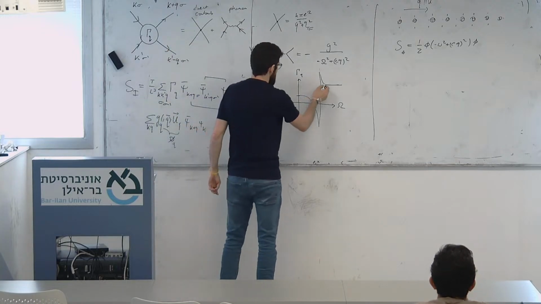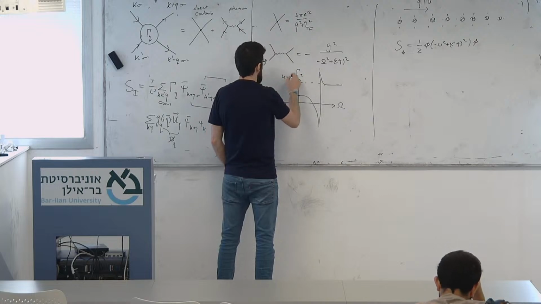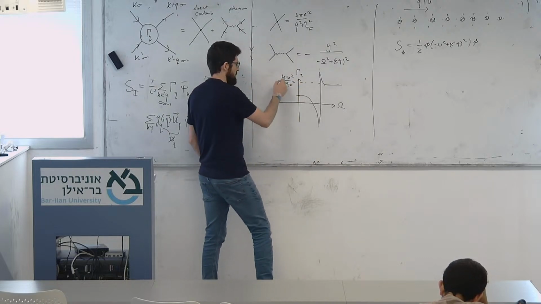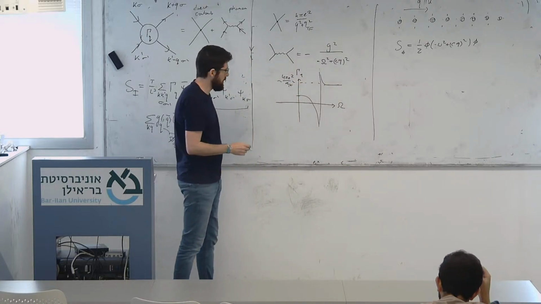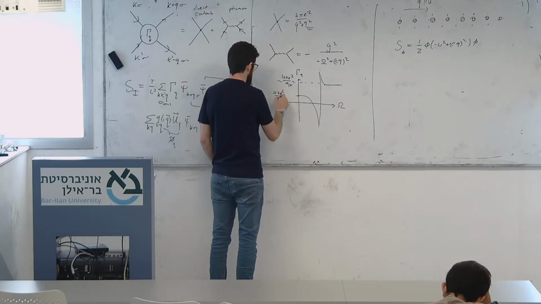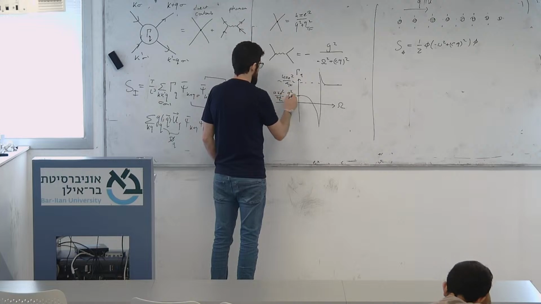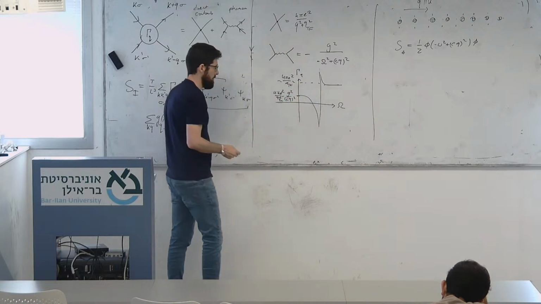Where this is something like 4 pi e squared over q Thomas Fermi squared, more or less of the order. Okay? And this guy is 4 pi e squared over q Thomas Fermi squared minus g squared over c q squared, whatever that is.